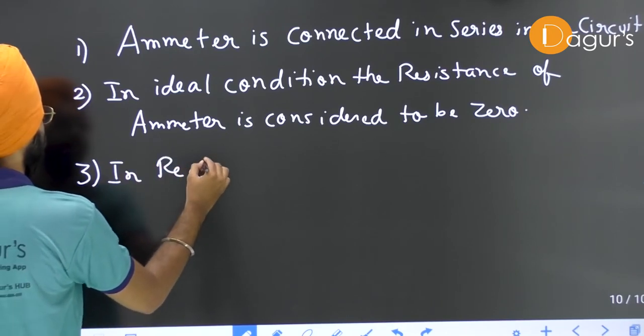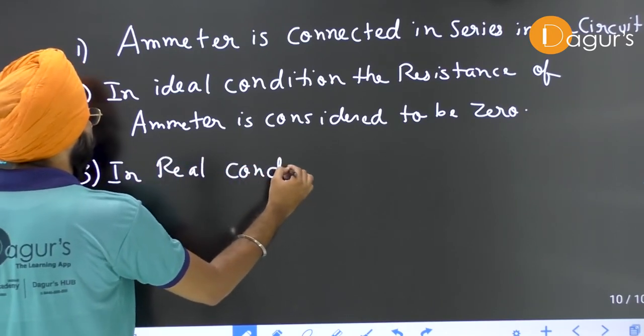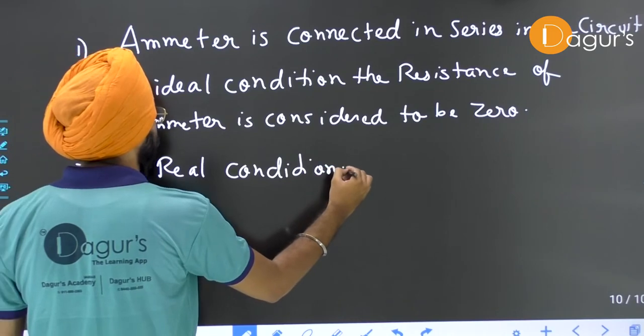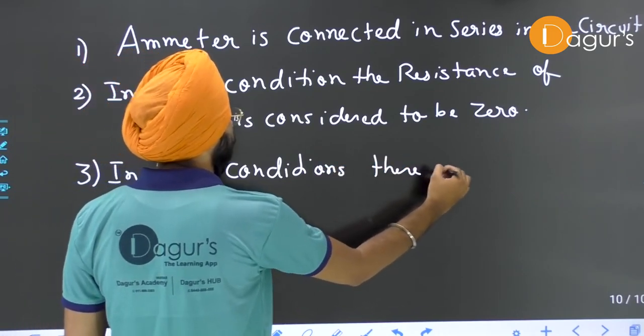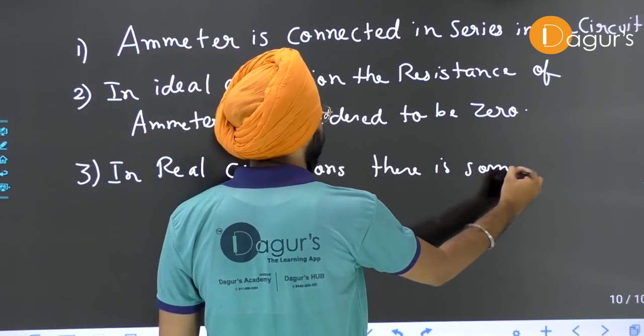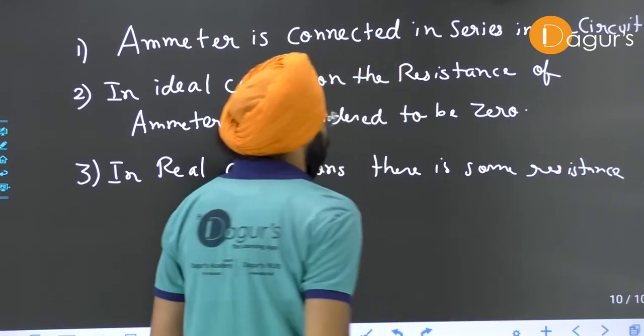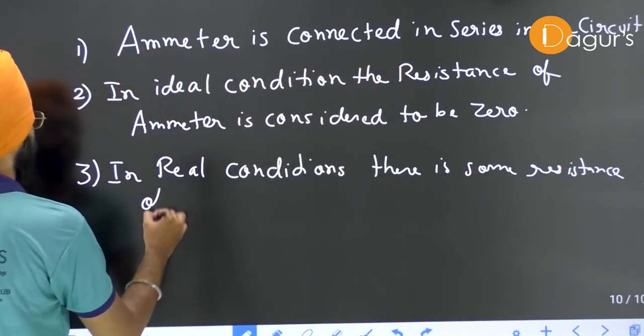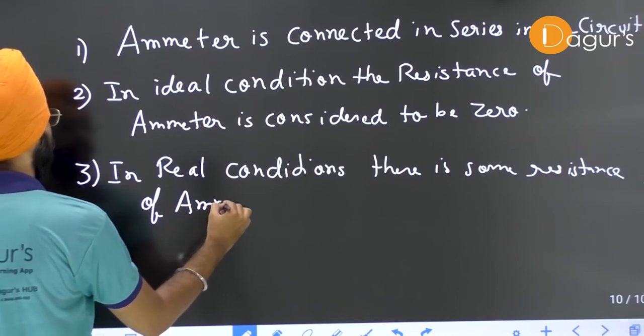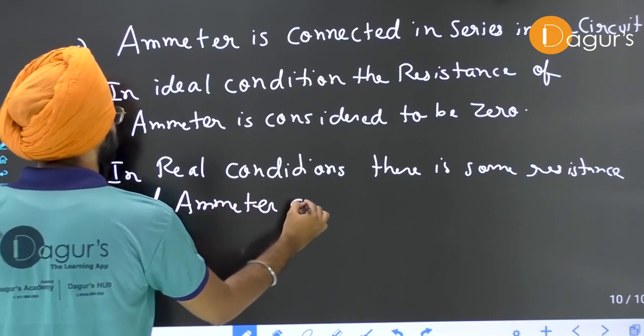In real conditions, there is some resistance of the ammeter.